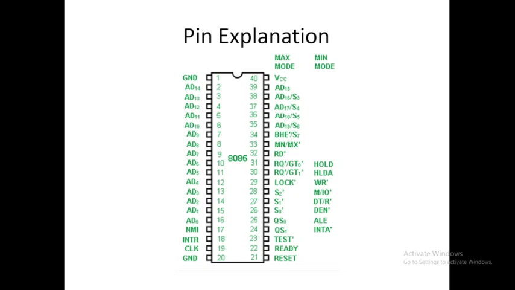This ALE pin is provided by the microprocessor to latch the address into the 8282 or 8283 address latch. It is an active high pulse during T1 of any bus cycle because it is used as the address bus, and the ALE signal is never floating, it is always an output. After the T1 cycle it can be used as a data bus.